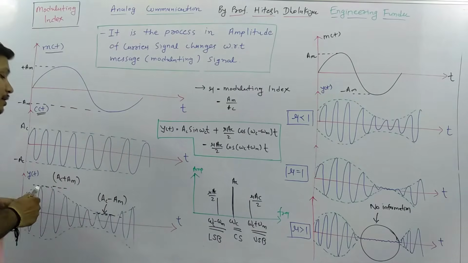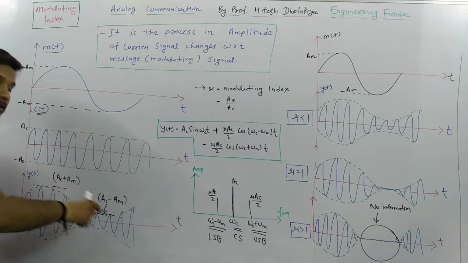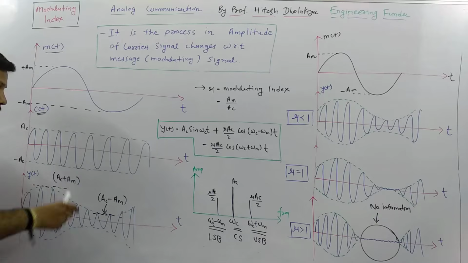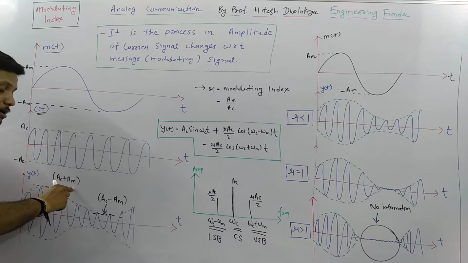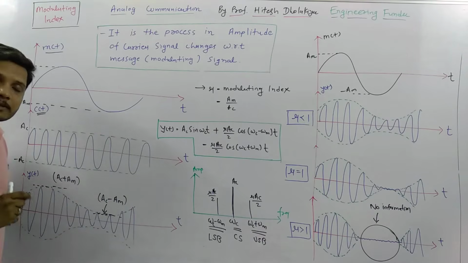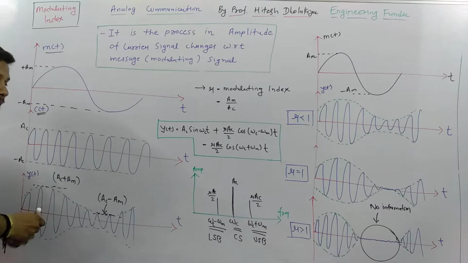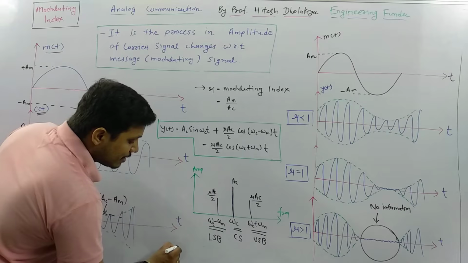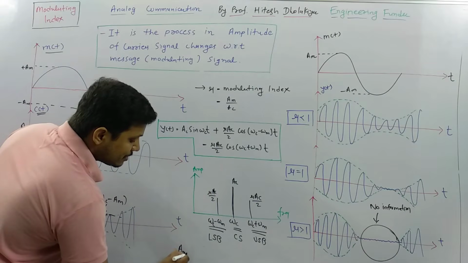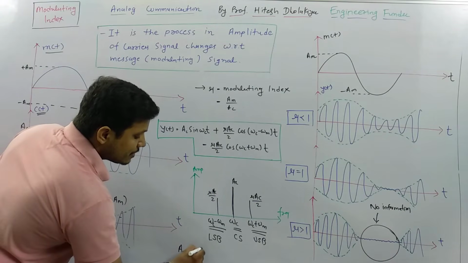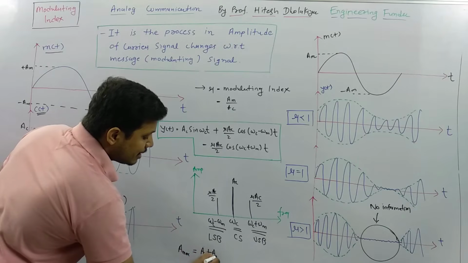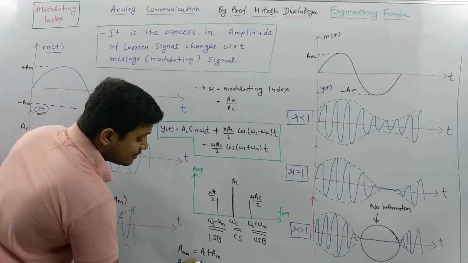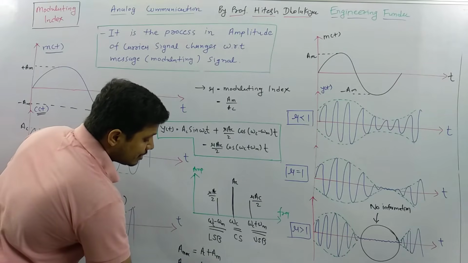One more thing: the modulated signal varies from maximum to minimum, where maximum is Ac plus Am and minimum is Ac minus Am. So the maximum amplitude, A max, is Ac plus Am, and the minimum amplitude is Ac minus Am.